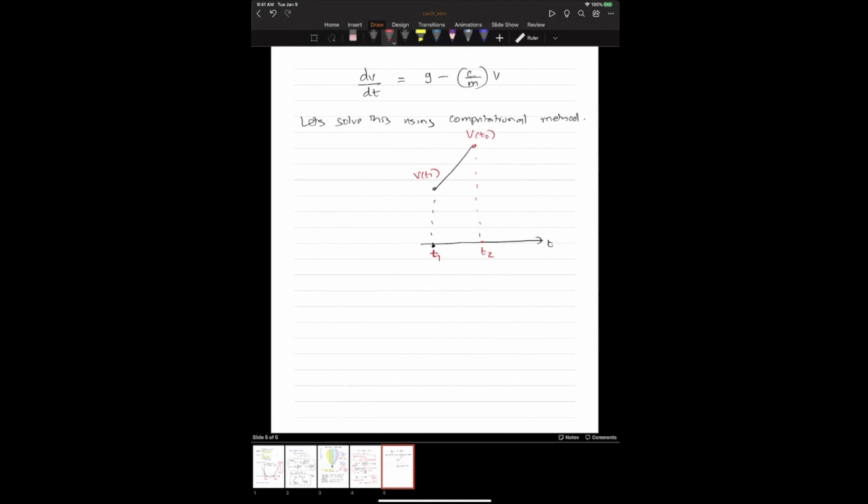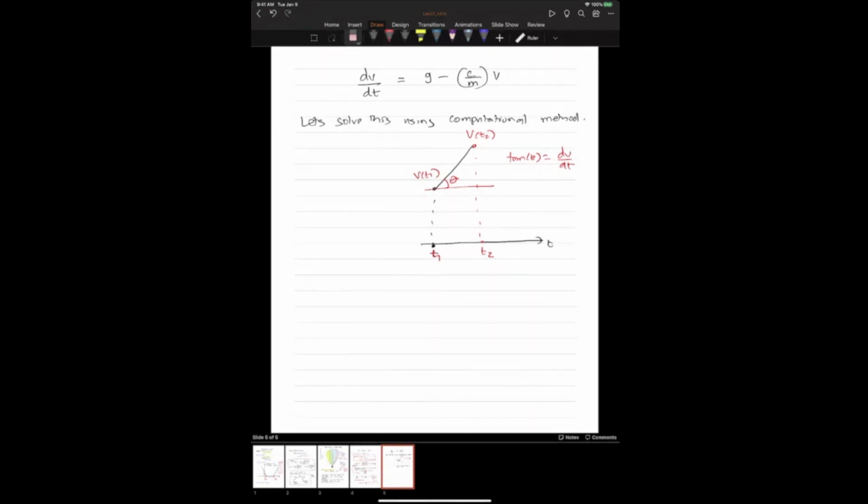So dv by dt is the gradient, tan theta, but you can approximate it.